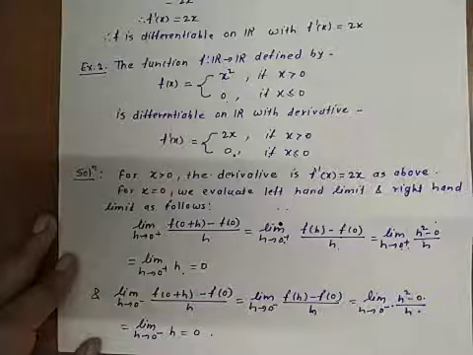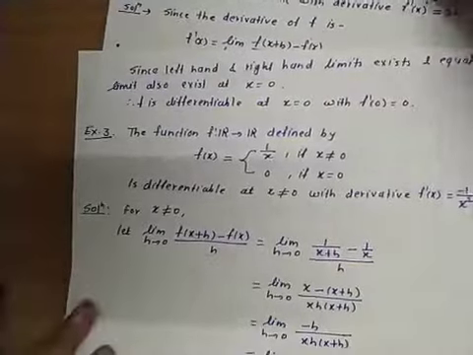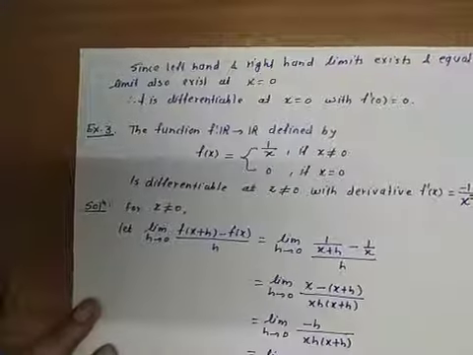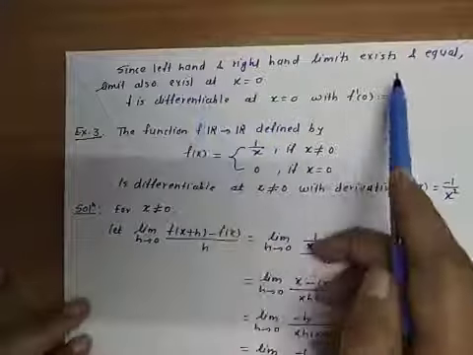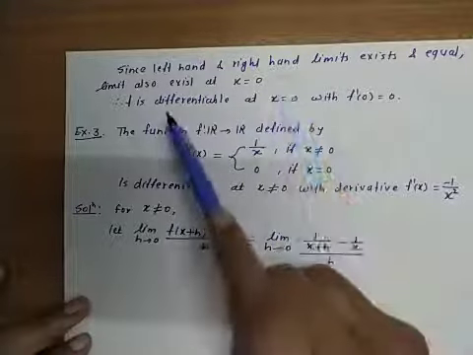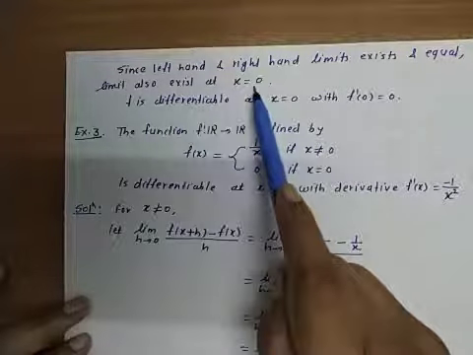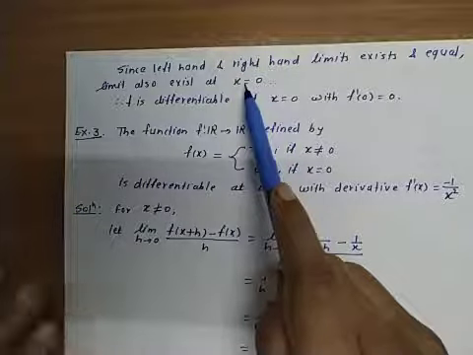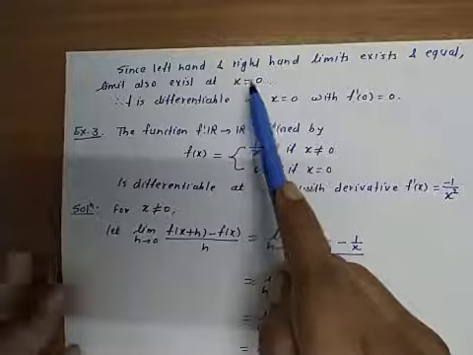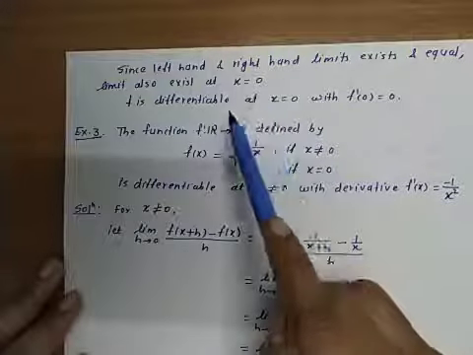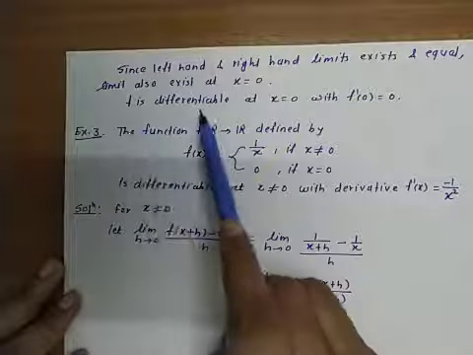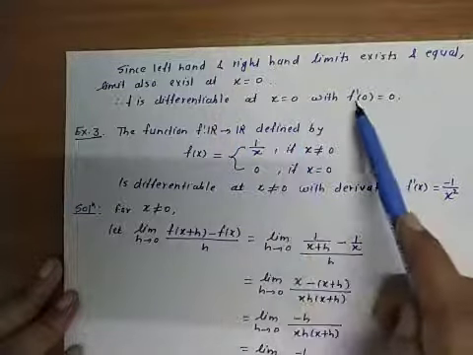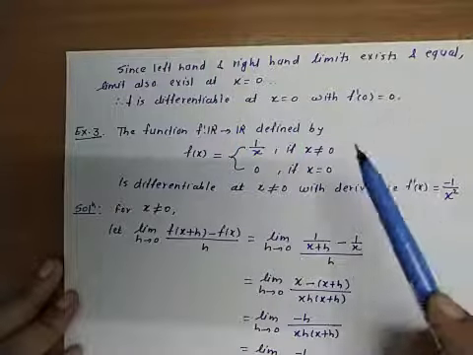Therefore we say the limit exists at point 0. And what is the value of that limit? The value is 0, because the left hand limit is 0 and the right hand limit is 0. That value is nothing but the value of the derivative. Therefore f is differentiable at x equal to 0 with f dash of 0 equal to 0.